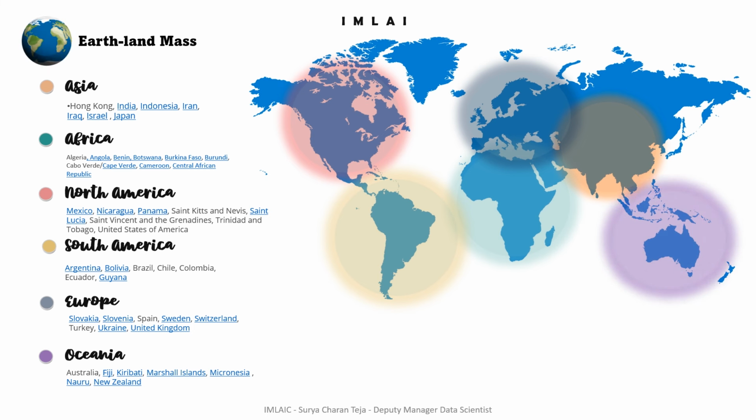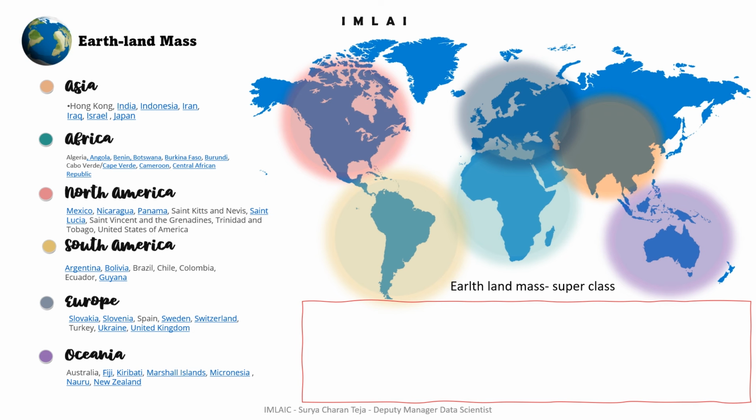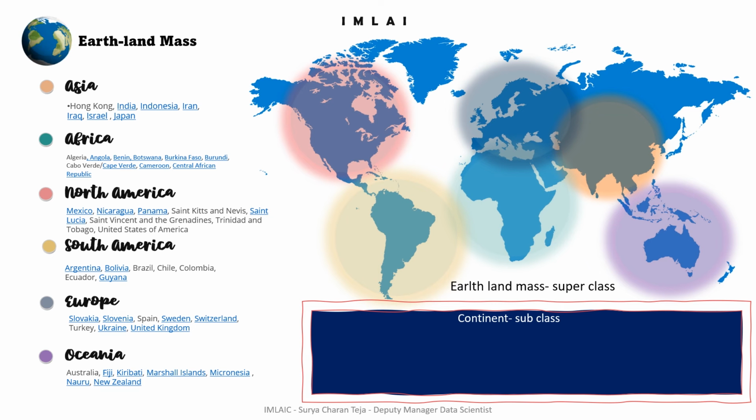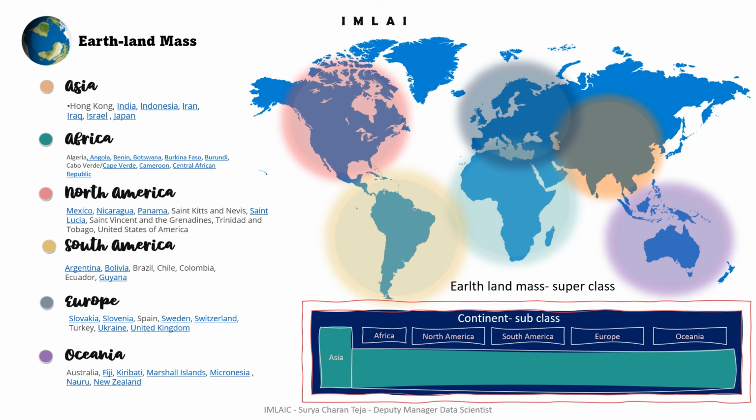So if we begin with continent, a continent is abstract, not a real entity, just a class or category, whereas Asia, Africa, North America, South America, Europe, Oceania, these are all real entities that exist.